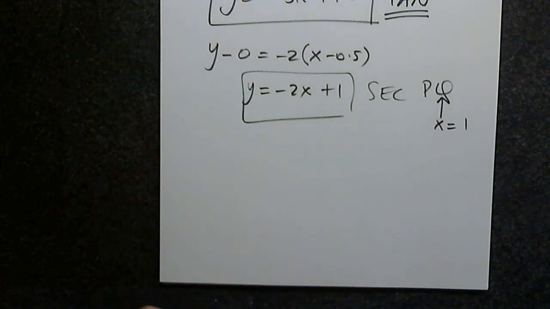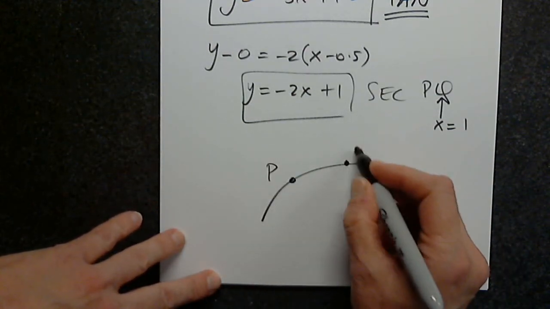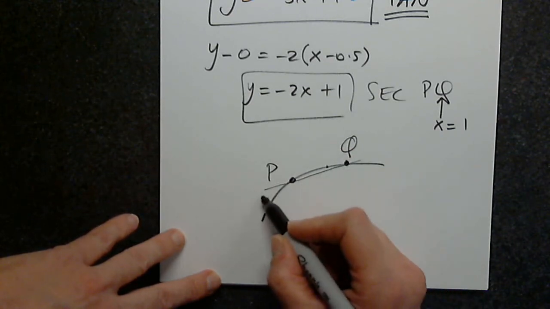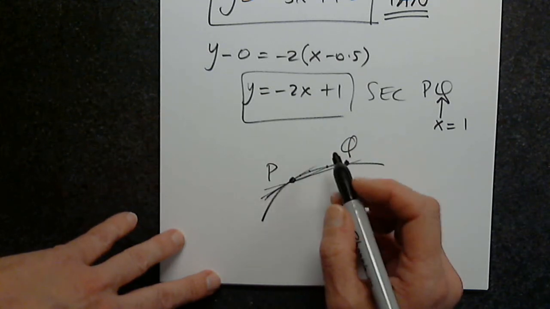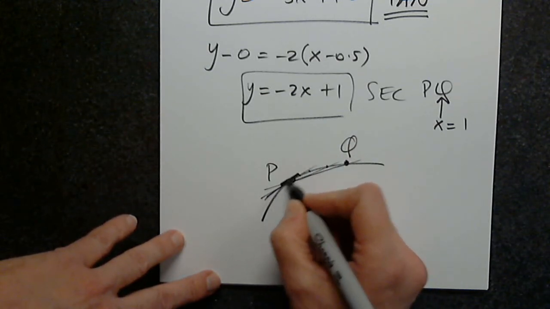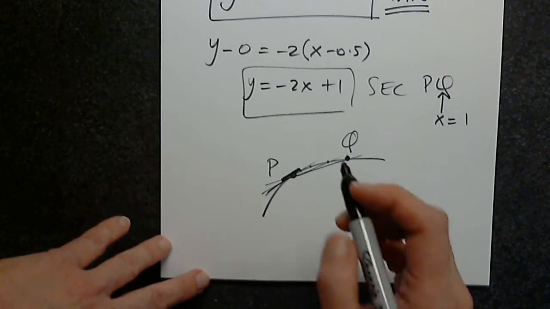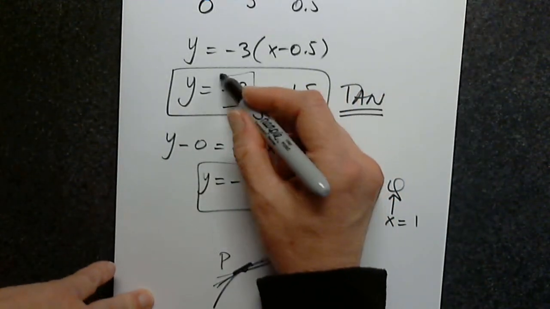So here is P, and here's Q. I need to determine the slope of this line, then the slope of this line, then the slope of this line, then the slope of this line, till it gets so close that I can read the slope of this line. And the slope of the tangent line at P happens to be -3.